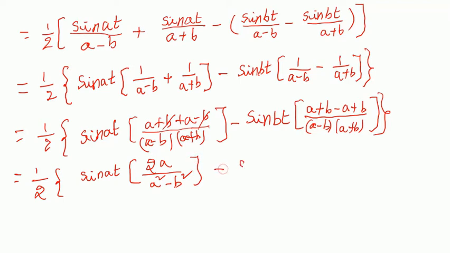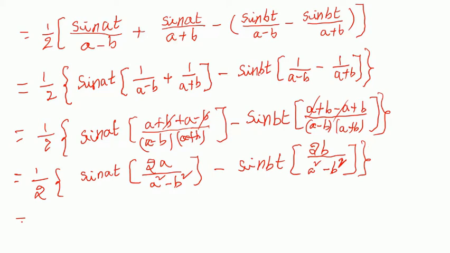Minus sine bt into, what is that here? Here a is cancelled, so minus a plus a is cancelled, then you can get 2b by a square minus b square.